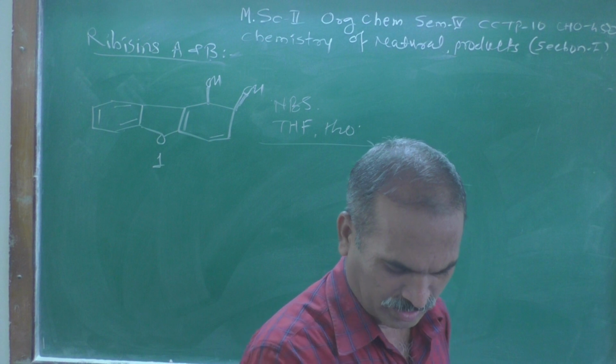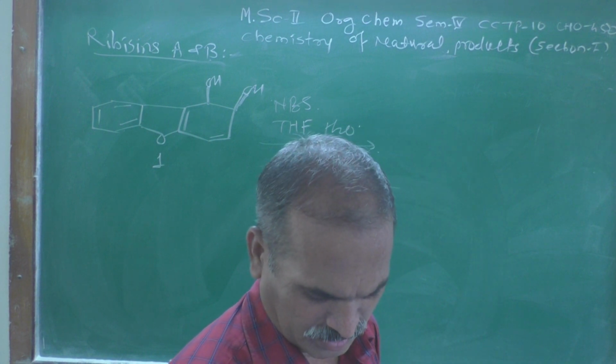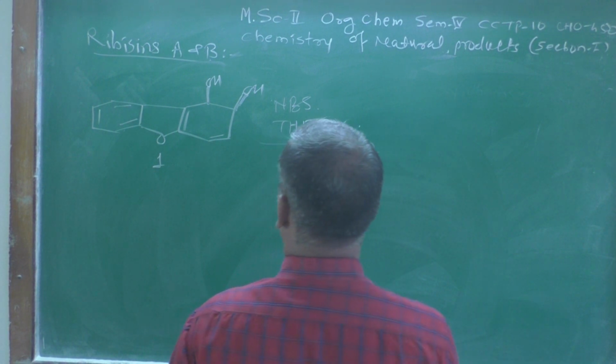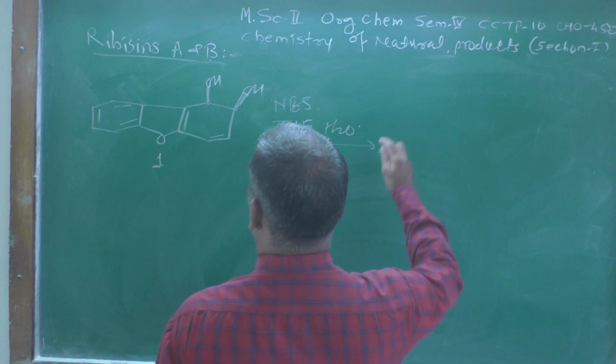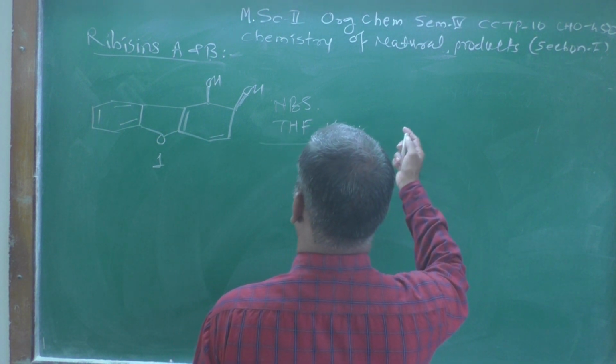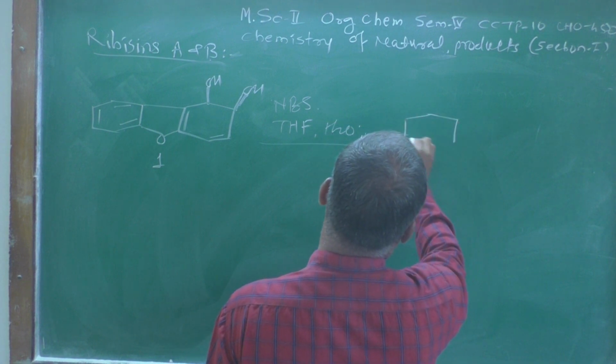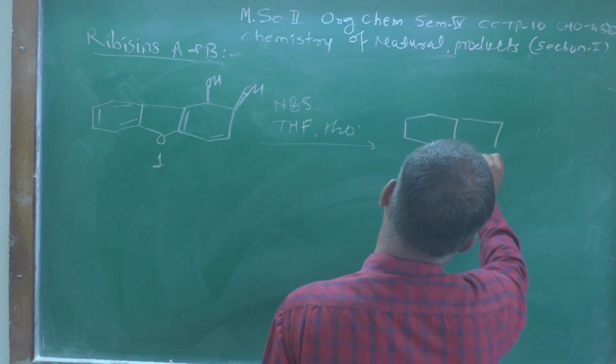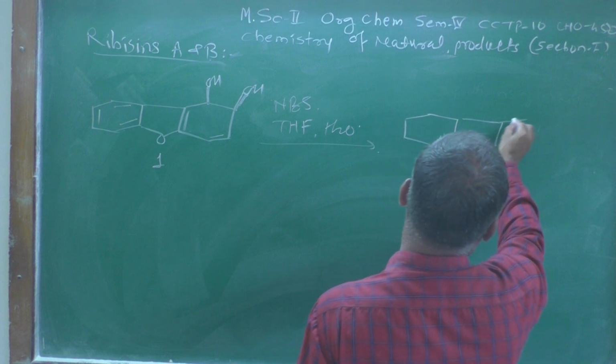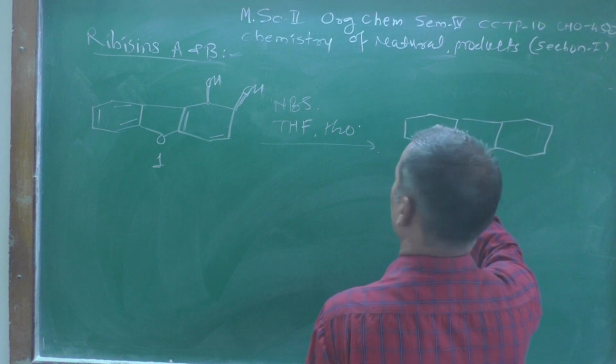You are going to get compound number 17. Here NBS acts as a source of bromine under controlled conditions.